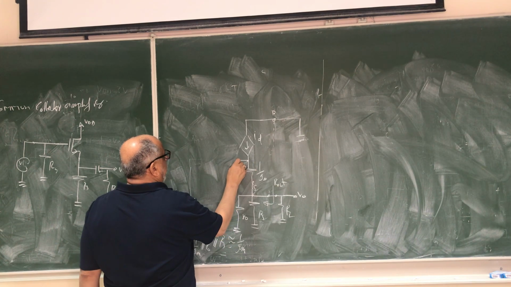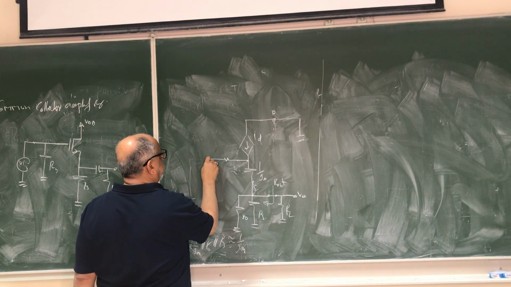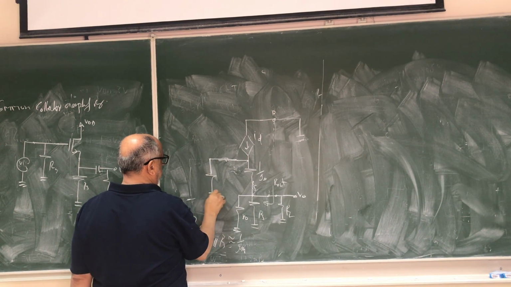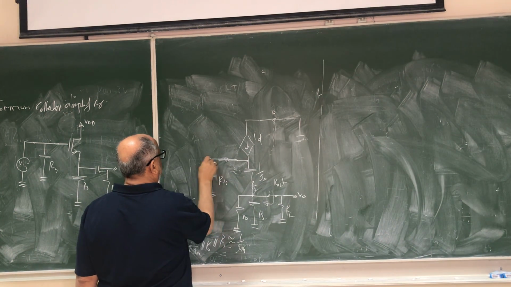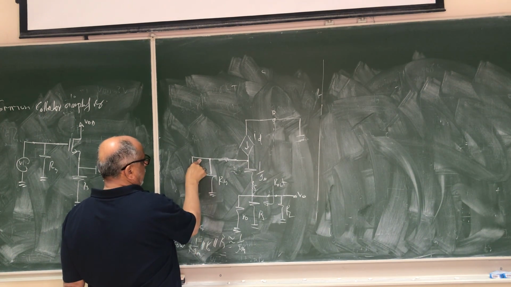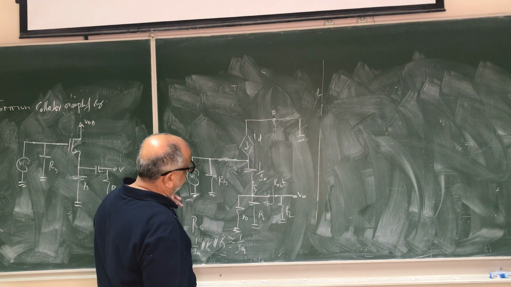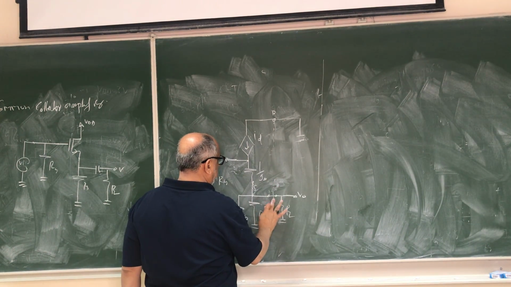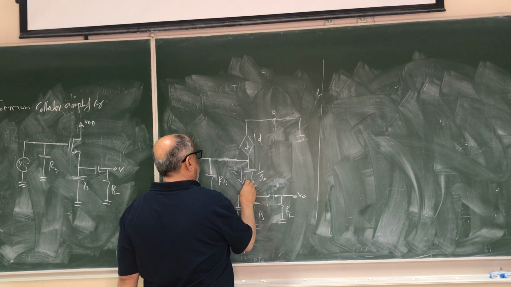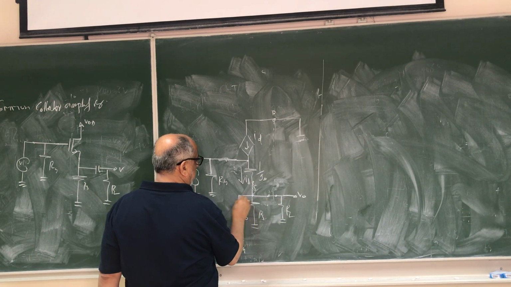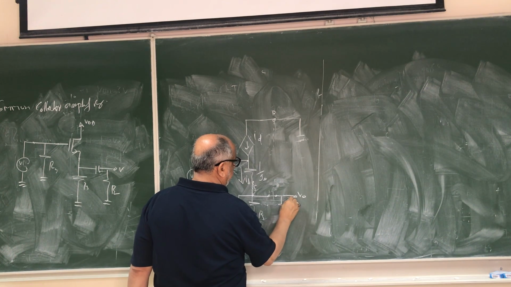Now we'll go back to the gain. RG here, and this is your VI. Again, as I said, you can add RS here and do the analysis. So to find the gain, we'll forget about Rout now. The current here is ID. I can combine all this and call them RL dash.